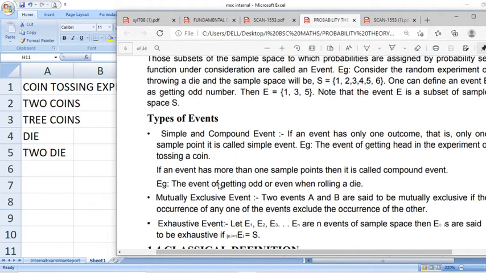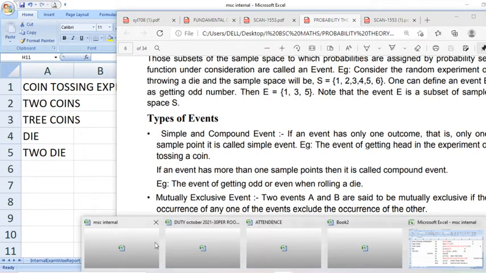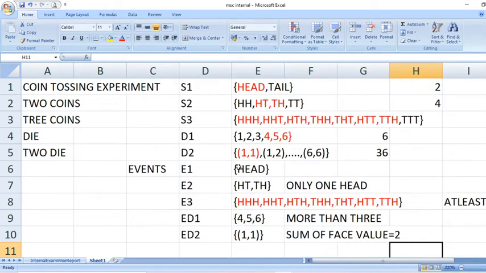Now we will consider simple and compound events. If an event has only one outcome, that means only one sample point, that event is called a simple event. For example, this is a simple event.